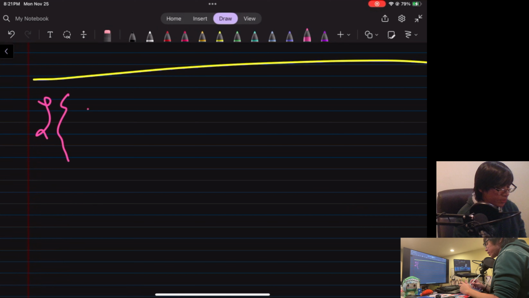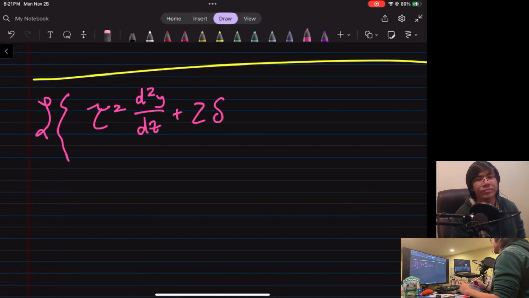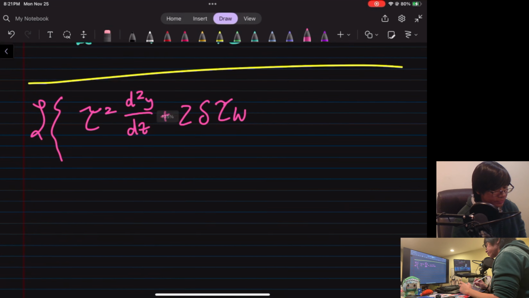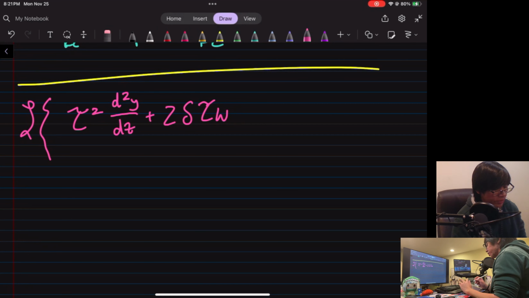So I think it's tau squared times the second order derivative d squared y over dt squared, plus 2 zeta, our damping factor variable. I forget the exact name anyway. So that's 2 zeta tau. I think that's it. And omega, maybe. Am I forgetting something? Or no, the omega comes from the s.